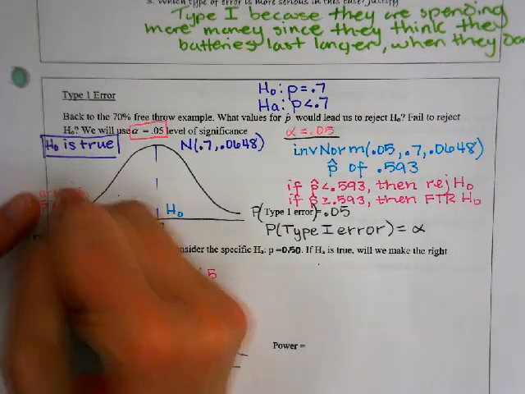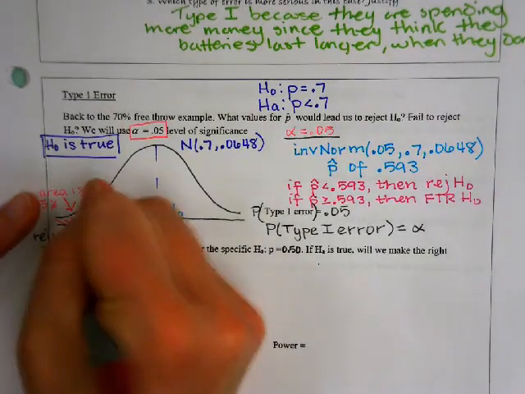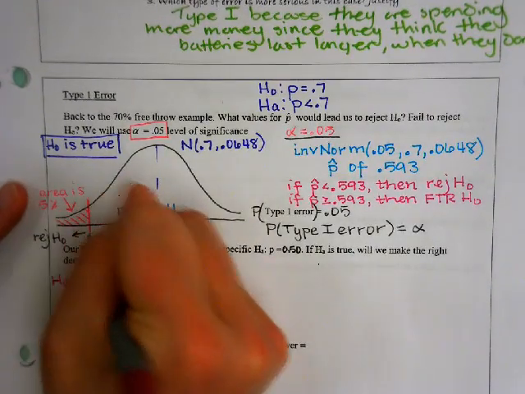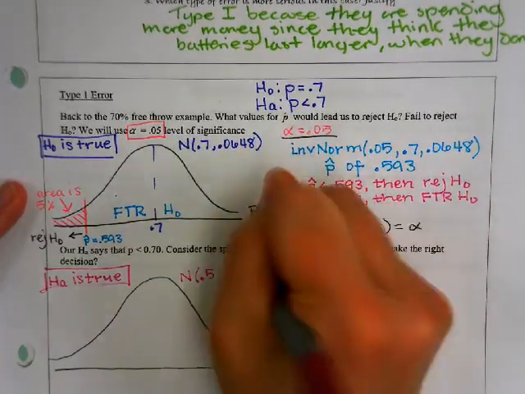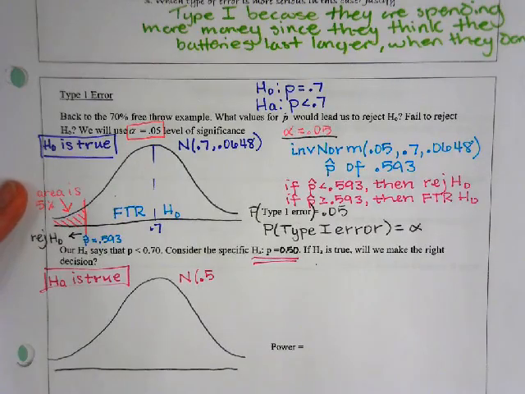And if HA is true, that's going to change my standard deviation, right? It's going to be 0.5 times 0.5 divided by 50 and then square rooted.